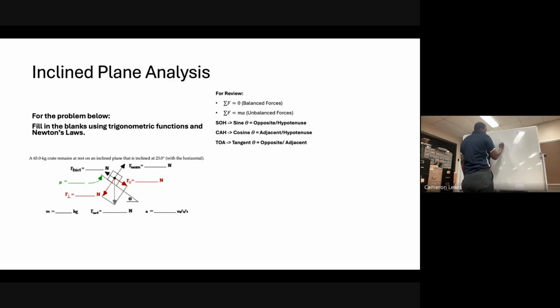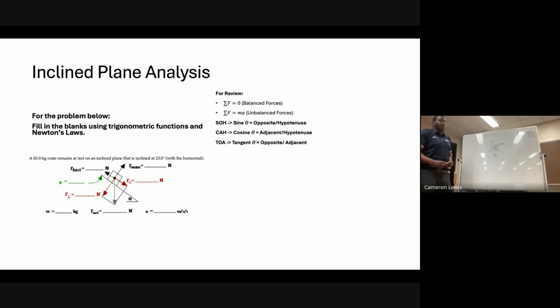We had the normal force equal to the perpendicular force, and my uphill is equal to my downhill. That means my F parallel is equal to my frictional force.